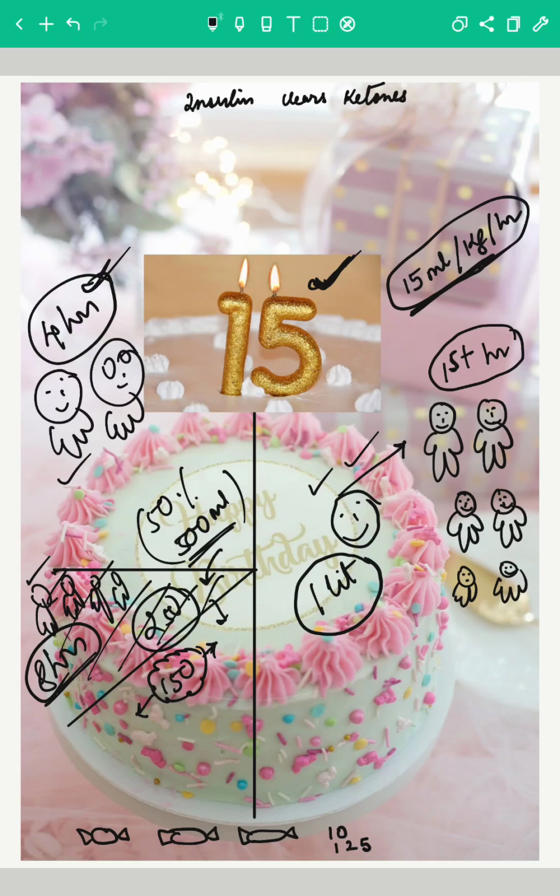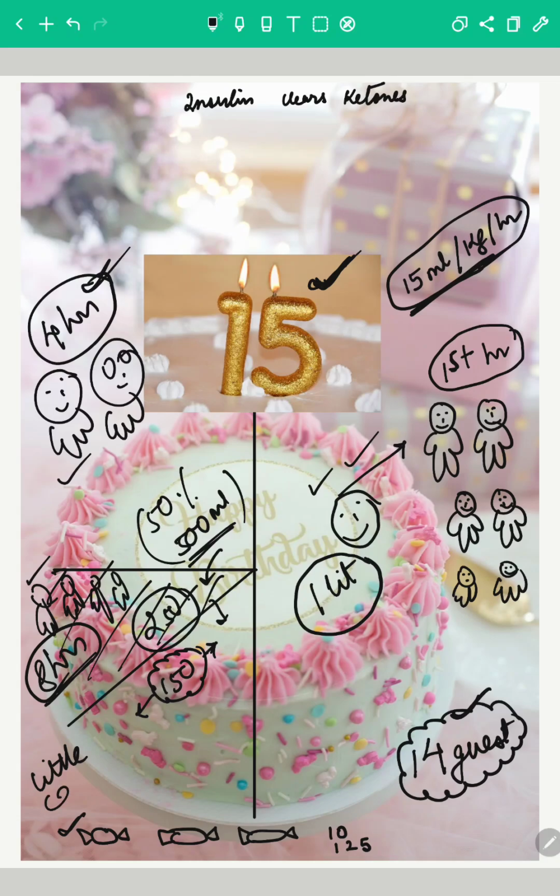So when we see that the cake is very little and we have around 14 guests still remaining, now we have very little cake, isn't it? So now when the guests are somewhere around 14, we start adding chocolates because we have little cake.